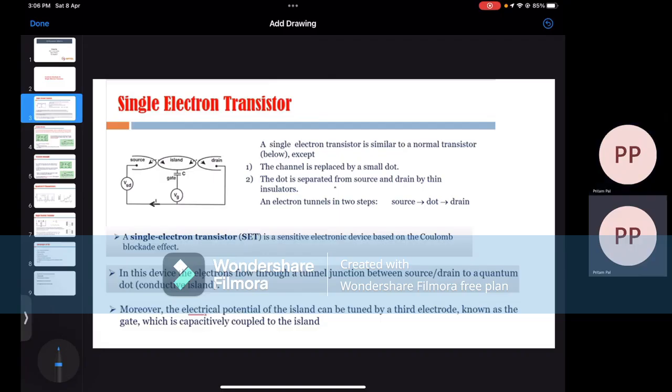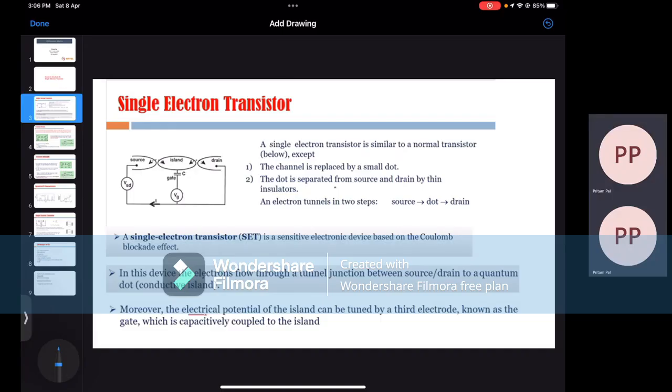Now a single electron transistor is similar to a normal transistor, but there are some special things in this single electron transistor. One important thing is the channel.